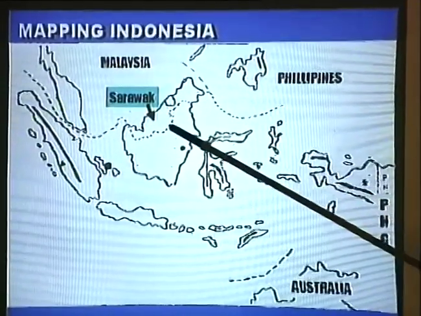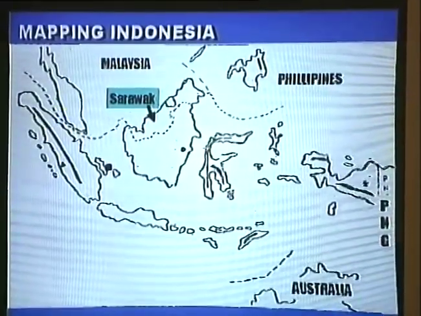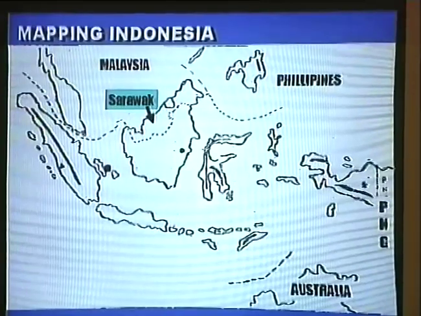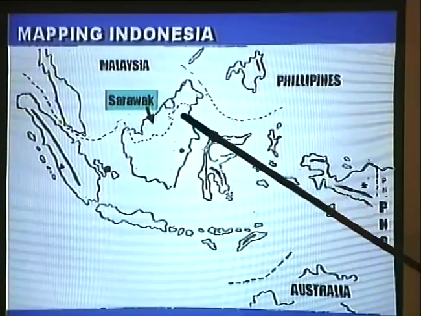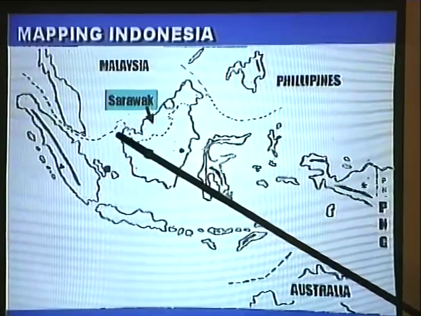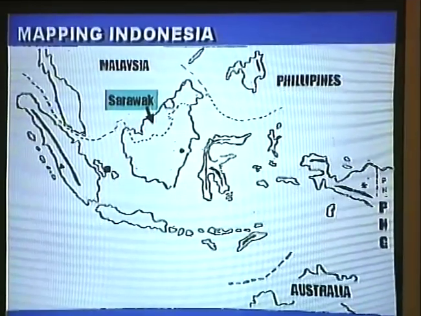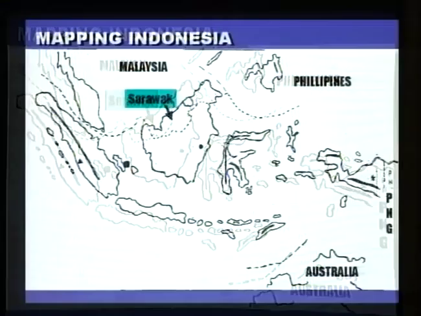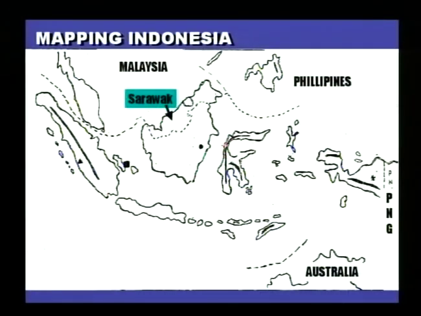Note that Sabah and Sarawak are provinces in Malaysia, not Indonesia, because the political boundary is here, and any area above the political boundary is part of the country Malaysia. So Sabah and Sarawak are 2 provinces in Malaysia. Okay, double check and make your correction.